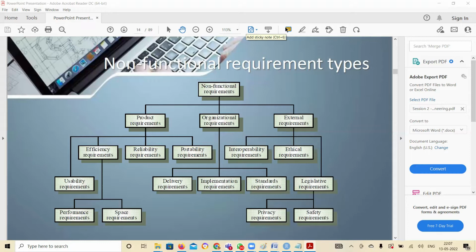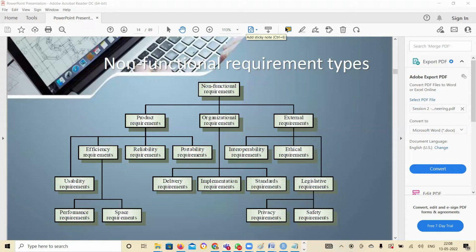Then we talk about performance, the speed. When you click on next, how soon do you get the next option, right? That's what we talk about as performance requirement. So you have usability requirement and efficiency requirement; efficiency is about performance and space. Then you have reliability requirement.